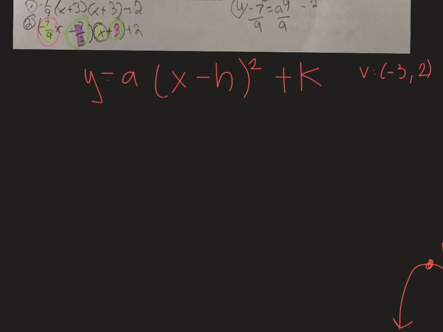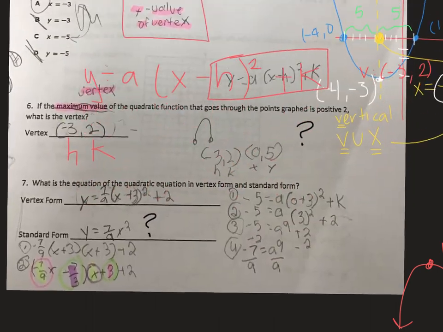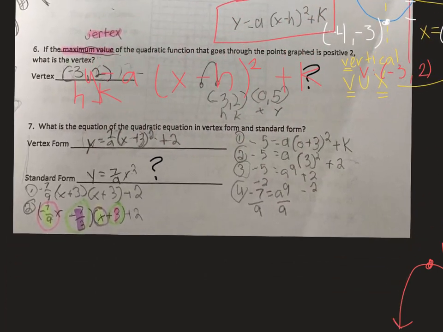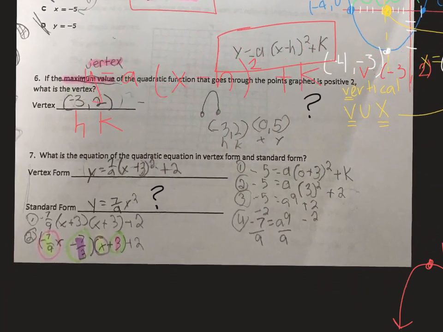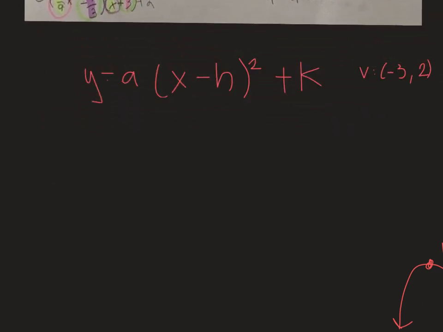So we can plug in -3 right here for h, and we'll plug in 2 for k.